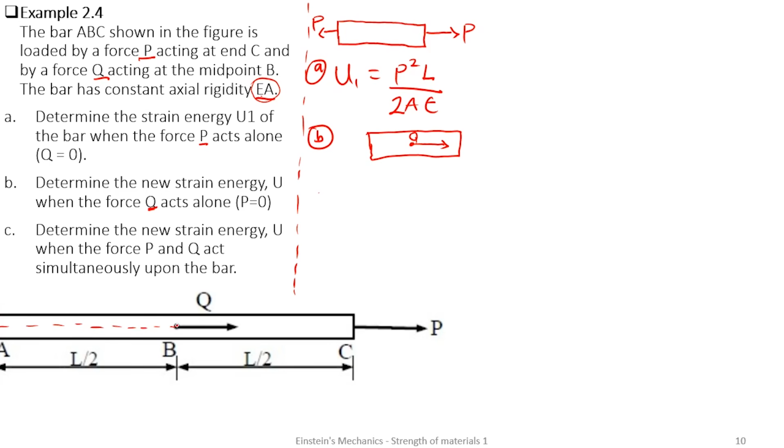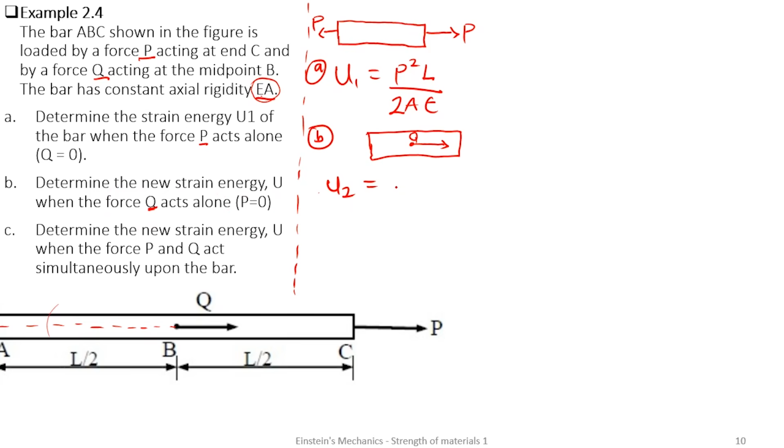The strain. Let's assume a force. Yes, Q is a force, and we are pulling from A to B. The effect is going to happen only in A and B, looking at the point of application of the force. So it is going to happen in half the length. So we can say our strain energy U2 when Q acts alone, what force is acting on the bar now?